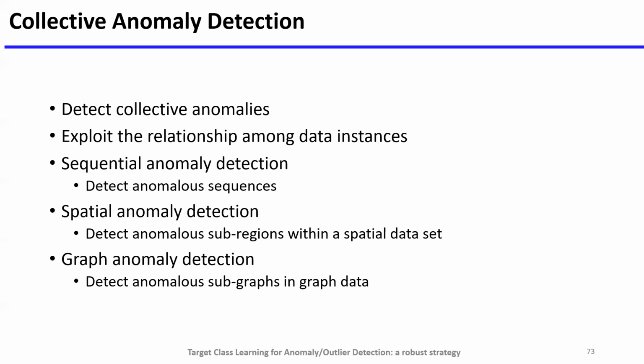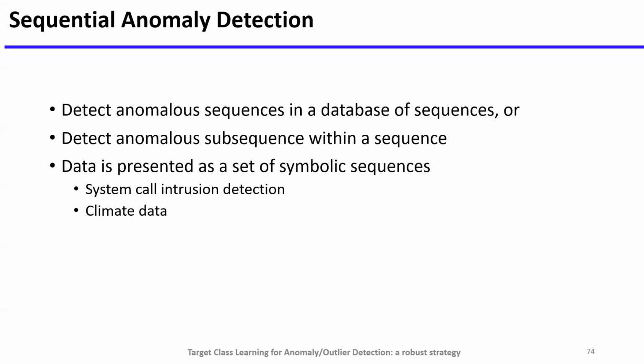Similarly, we can have spatial anomaly detection, where we need to detect an anomalous subregion within a spatial data set. And similarly, we can use graph anomaly detection, where we can identify some of the subgraphs within the graph system. So that is basically collective anomaly detection.